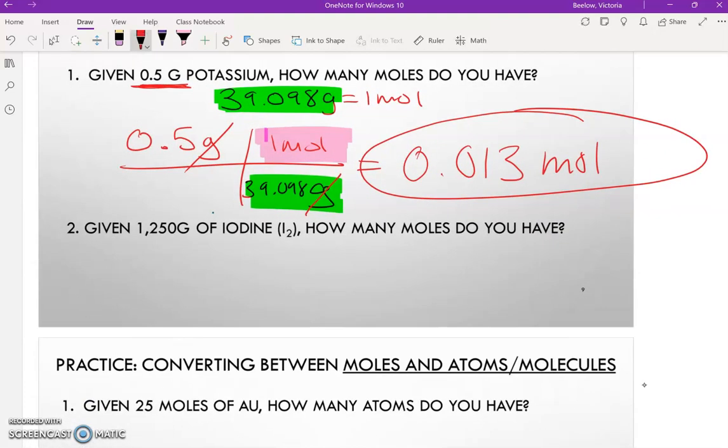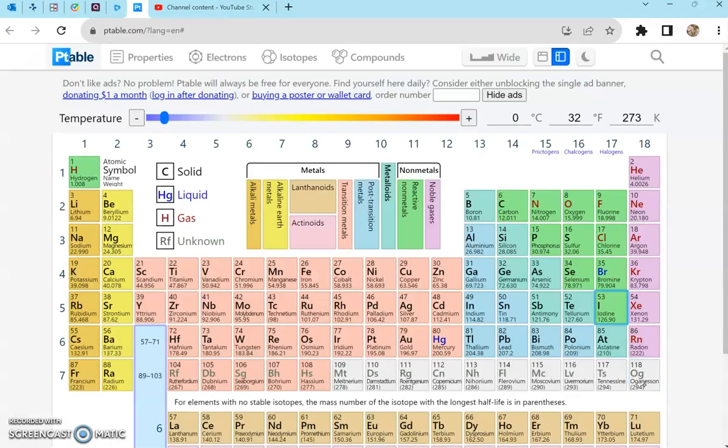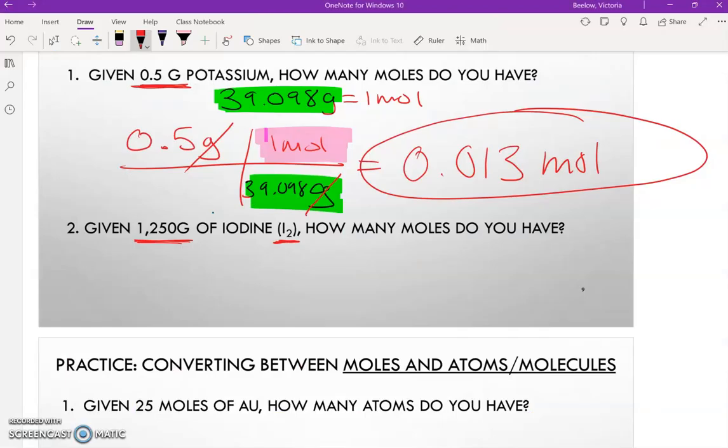So here's another problem. We don't have multiple different elements this time, but iodine, it is I2. Again, first thing, I see grams in the problem, so I'm going to have to find the molar mass of iodine. Iodine on the periodic table is 126.9.